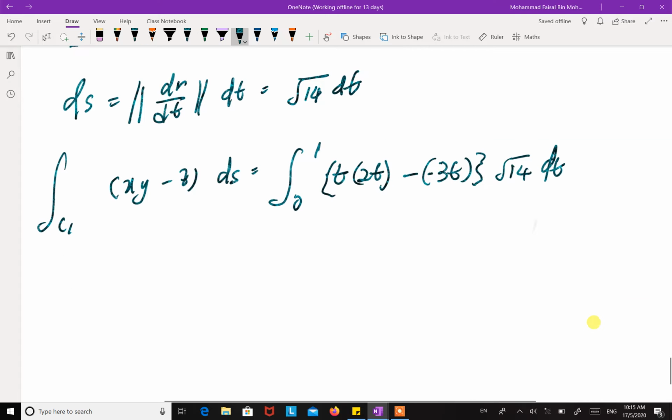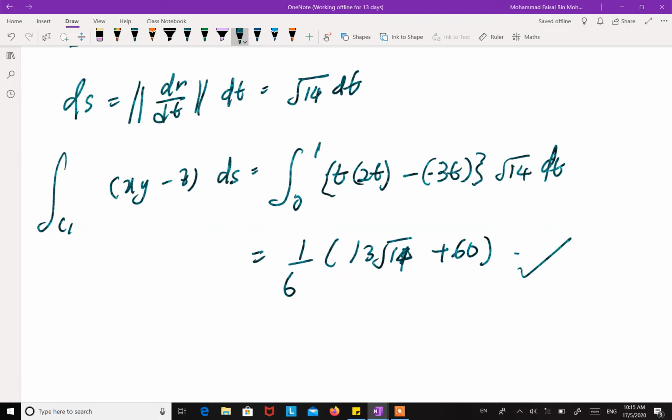If you evaluate this, you will get 1/6 (13 square root 14 plus 60). We can use decimal form also, but I recommend you write in fraction form because it is accurate. So that is an exercise you can do on your own.